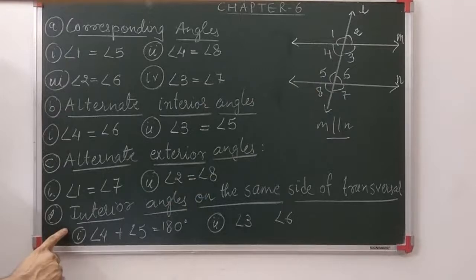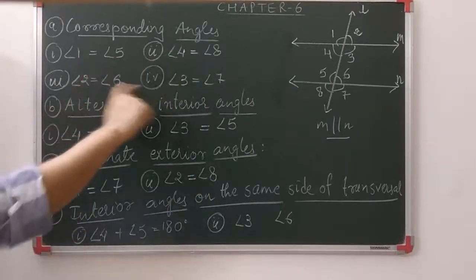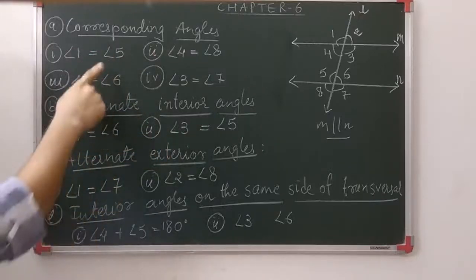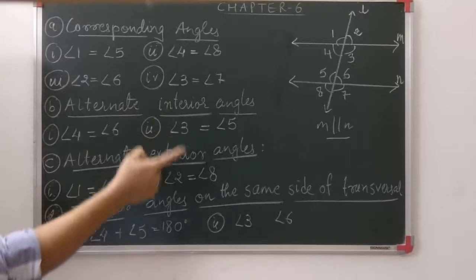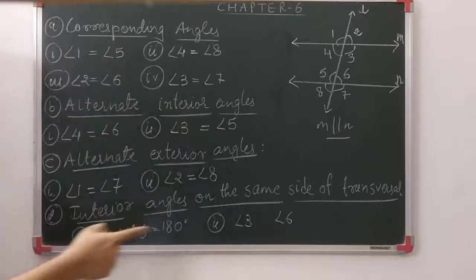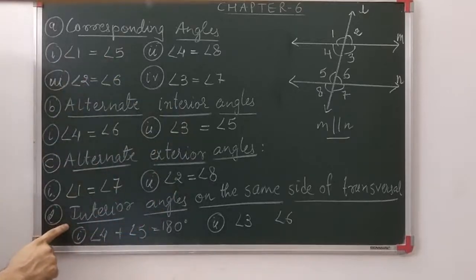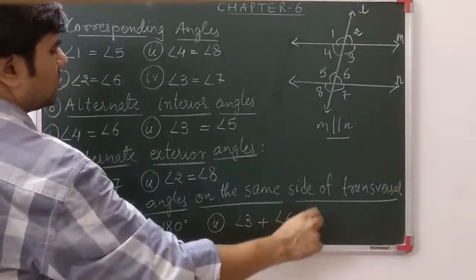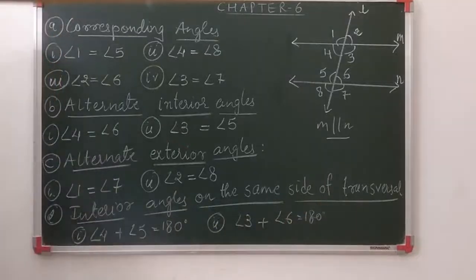See students, this is only the fourth one, the interior angles are different. The rest, all the pairs of corresponding angles, alternate interior, alternate exterior, they all are equal. But only the interior angles on the same side of the transversal are supplementary angles. So this is what we are going to use in this exercise, which is very helpful.